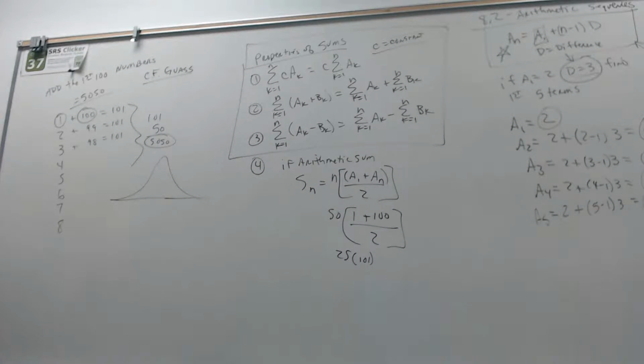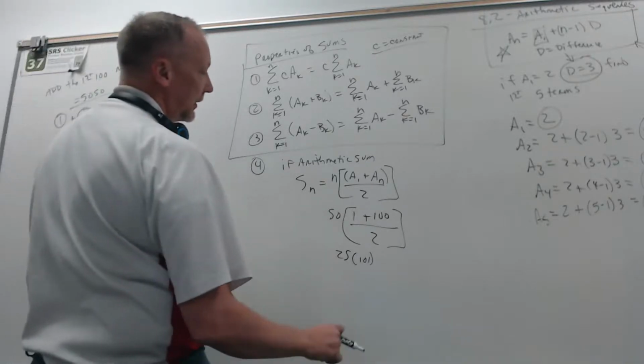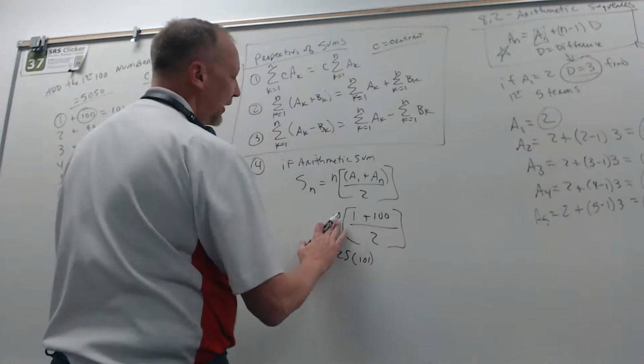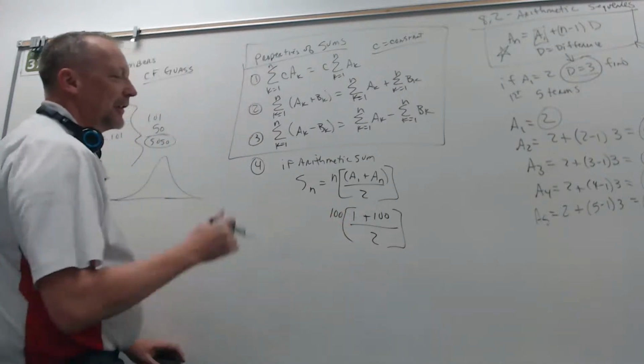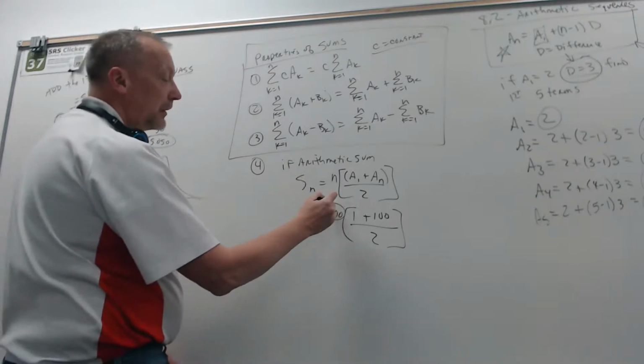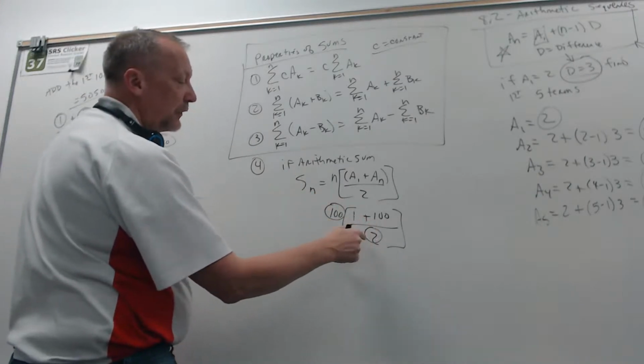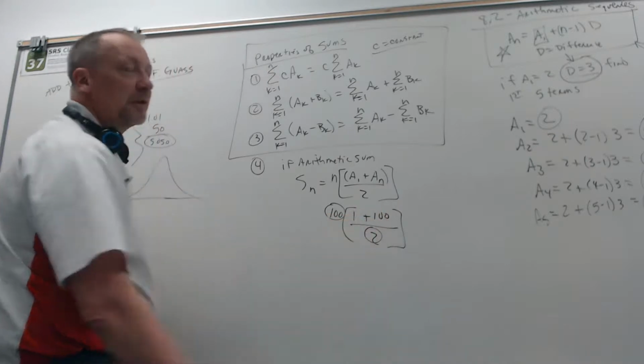Is it 100 numbers? So it'd be 1 plus 100 over 2 times 100. Oh yeah, this is 100, not 50 pairs. That's right. You've got your 50 pairs, and then your first term and your last term.